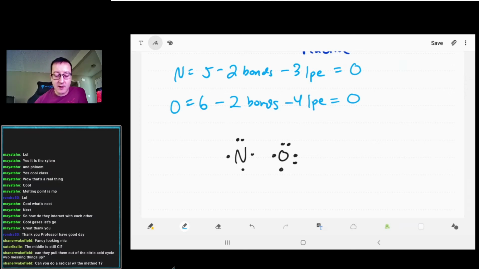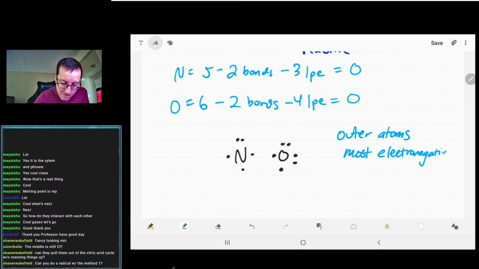And while this may not be obvious what the outer atom is, remember outer atoms are typically the most electronegative, with the exception of hydrogen. Hydrogen is always an outer atom, even though it is not electronegative.